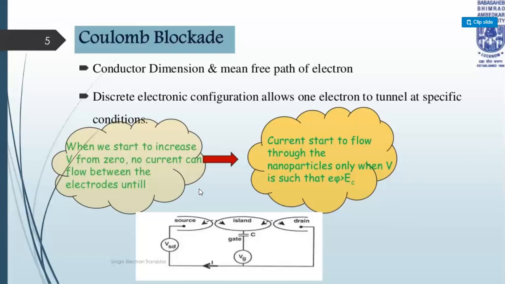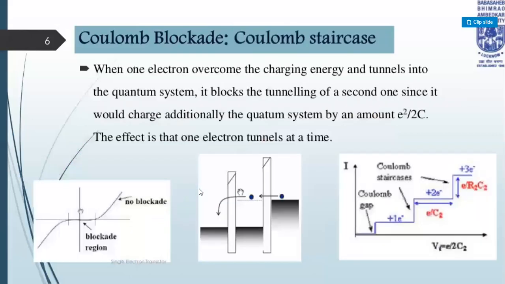The source and the island are separated by a capacitor, that is called V_G, and the drain voltage is V_SD. This is the Coulomb staircase. This diagram shows that when one electron overcomes the charging energy and tunnels into the quantum system, it blocks the tunneling of a second one, since it would additionally charge the quantum system by an amount e^2/2C.